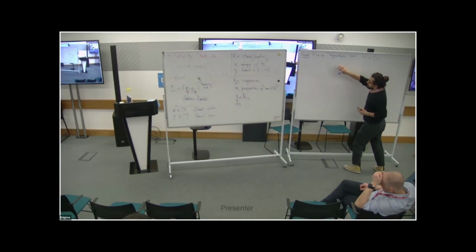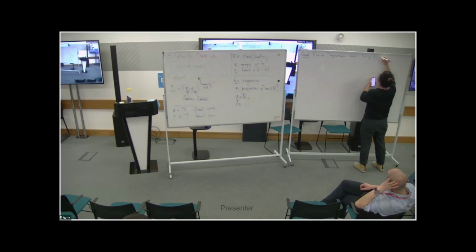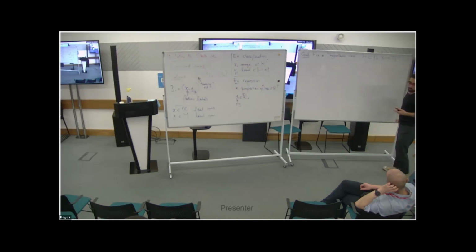Then we are going to fix a hypothesis class, which is a subset of all the functions going from the features to labels. Not all the functions, hopefully, but some functions.